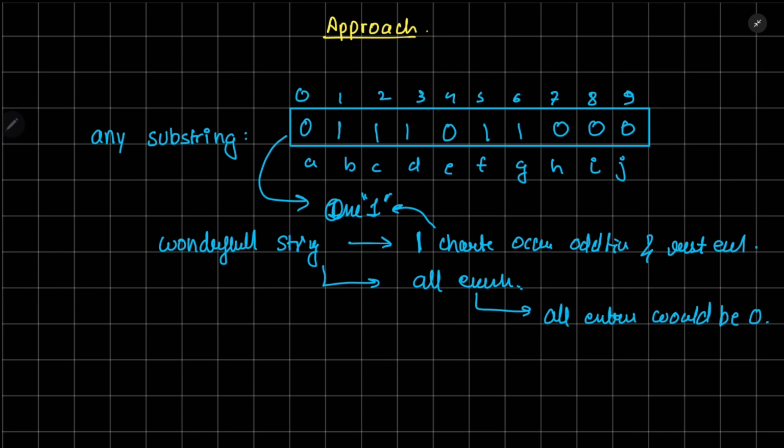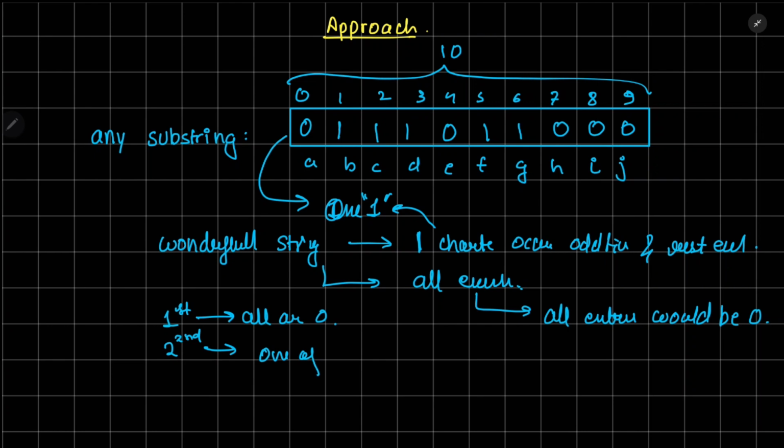So how many such representations are possible? If you look closely, the size of this representation is fixed at 10. One representation is where all are 0, and the second case is where one of the characters is odd.